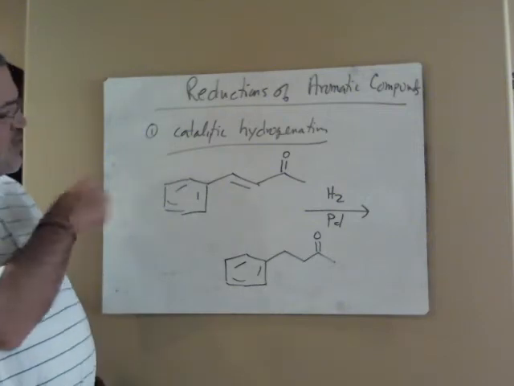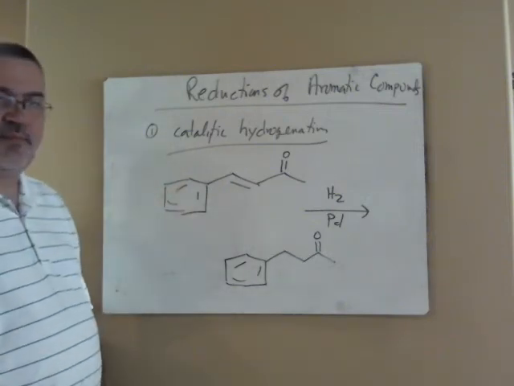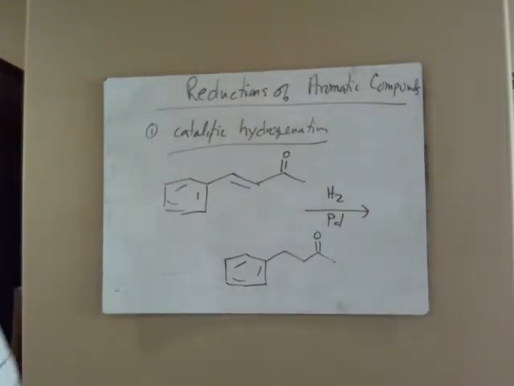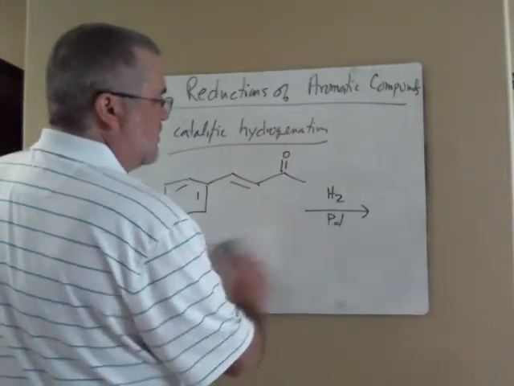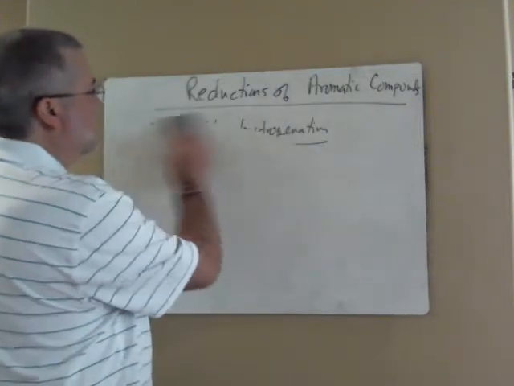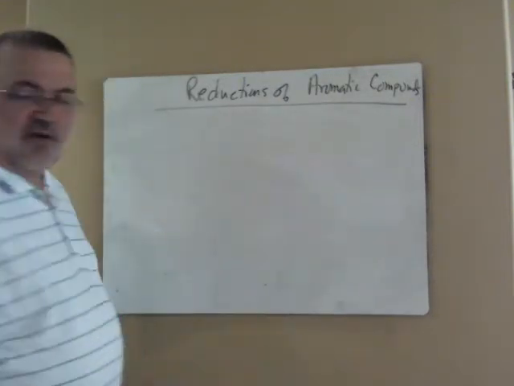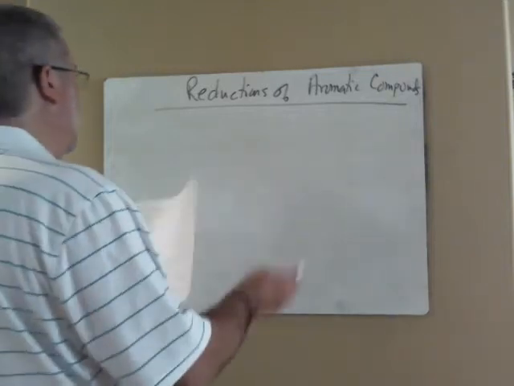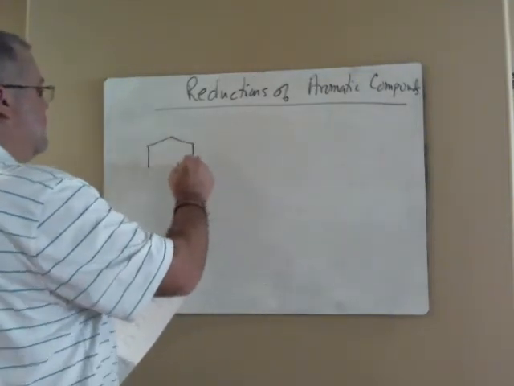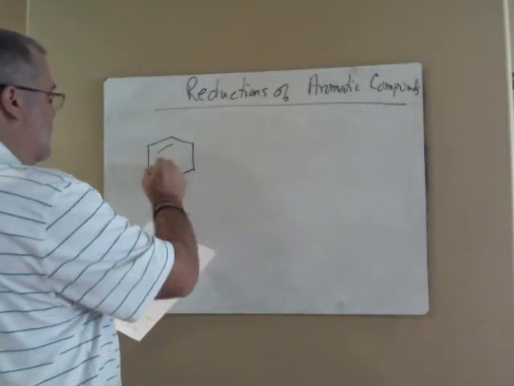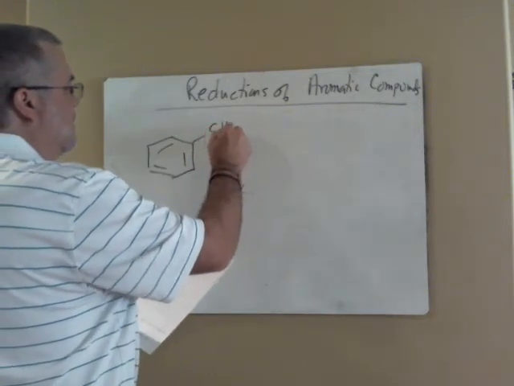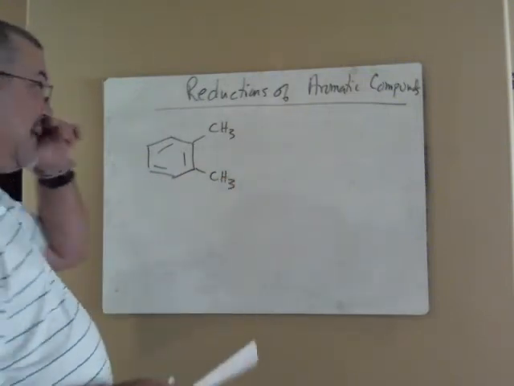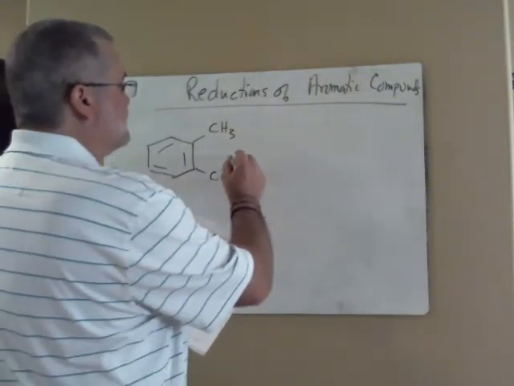But what if you wanted to reduce the double bonds within the benzene ring? Well, there's no way you can do it with these normal palladium platinum catalysts. And so you might think one way of doing it is to make the conditions stronger, harsher. So let's just say you had this xylene compound where we had two methyl groups attached to the benzene ring.